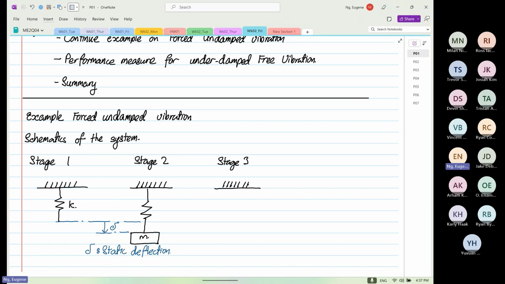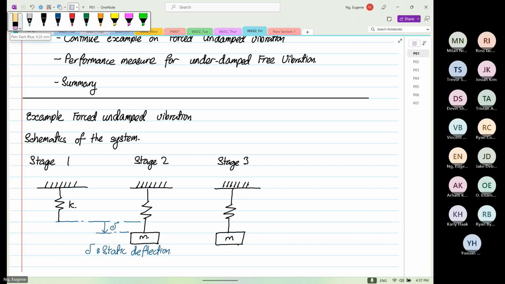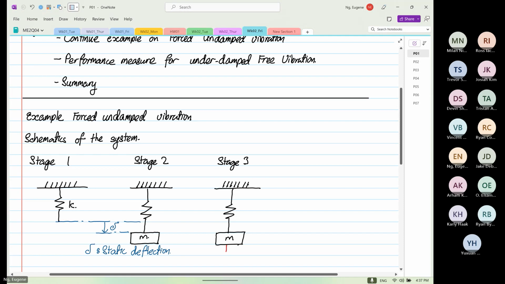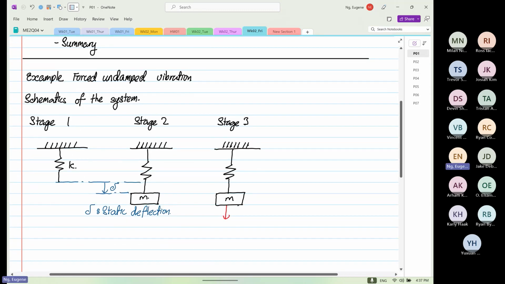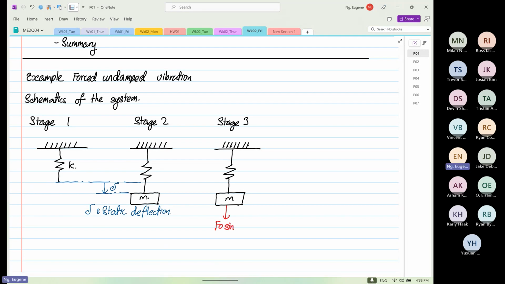But we are going to incorporate a force, and this force will be equal to F naught sine omega t, or omega naught t.